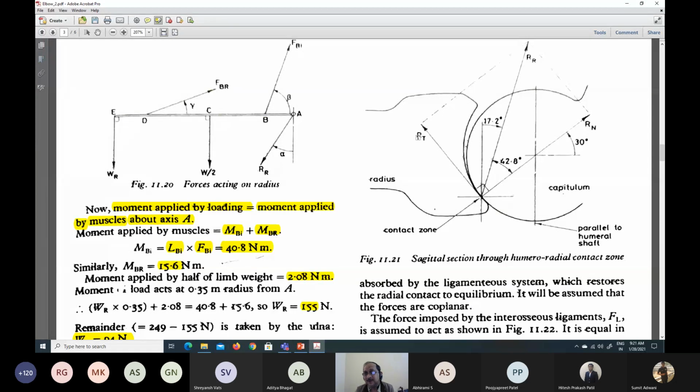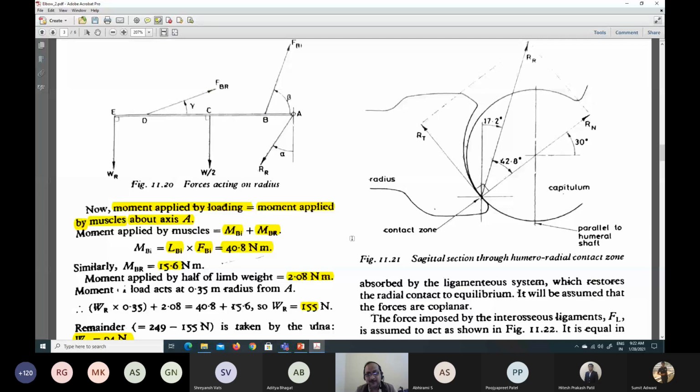This transverse component is actually a sliding force that is tending to separate the two bones. Okay, so it is trying to separate the radius from the capitulum. Okay, and it is quite a large force.